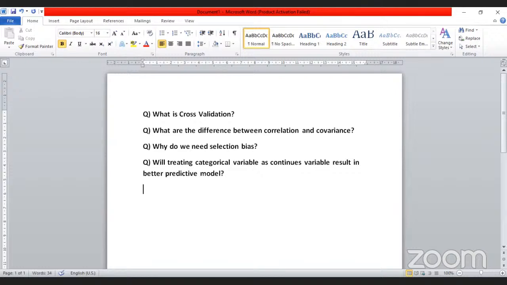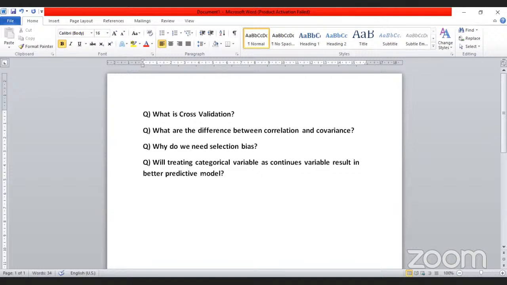So if the variable is ordered, then treating the categorical values as a continuous variable will result in a better predictive model. If you ask me, can treating a categorical variable as a continuous variable give us better prediction? Yes, but only when we have categorical data in an ordered form, that is, ordinal data.